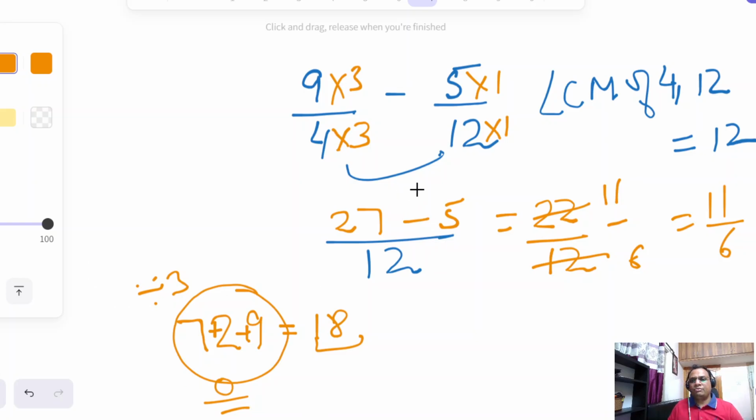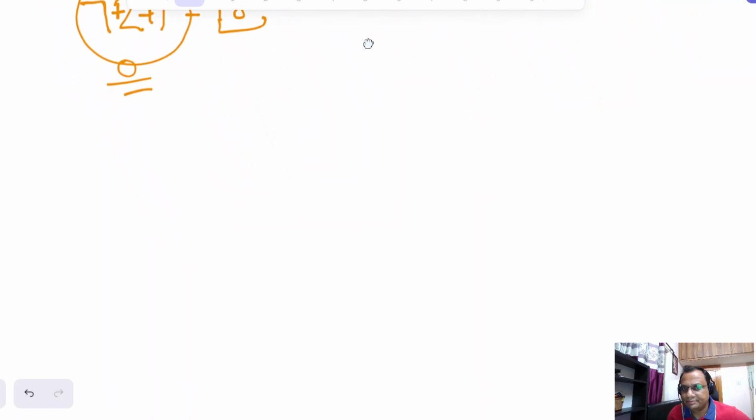So what we have learned so far is addition of fractions and subtraction of fractions. Now let's compare some fractions.